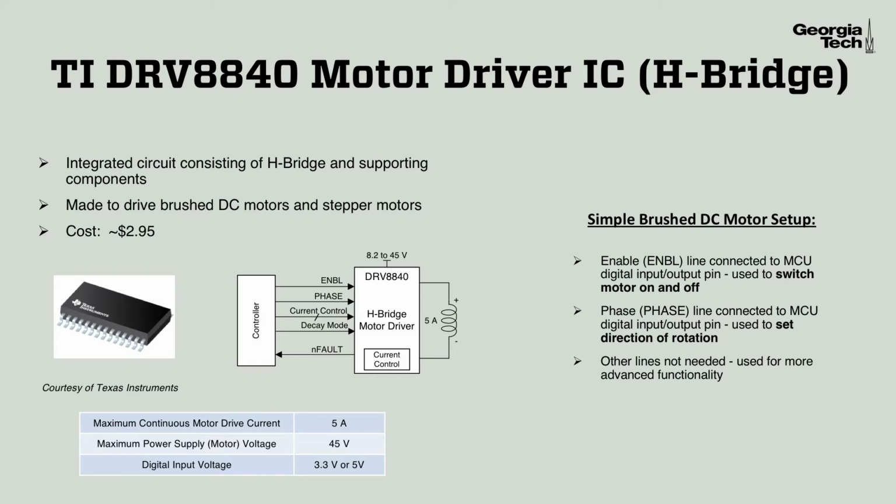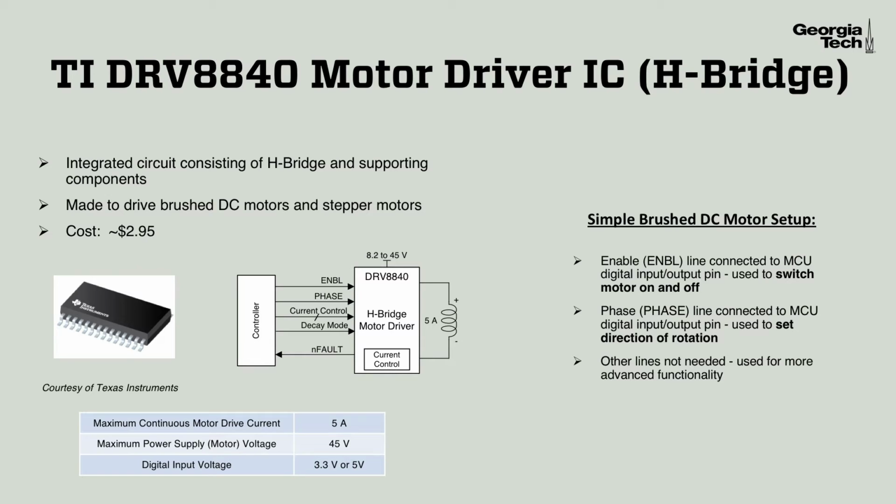So that enable pin is really just a digital input. We can send a logic high or a logic low to turn the motor on and off. The phase line is connected to another microcontroller output pin, and that's used to set the direction of rotation. So when we set that to 1 or logic high, then the motor will rotate one way. When we set phase to logic low or 0 volts, that'll set the direction of rotation the opposite direction.